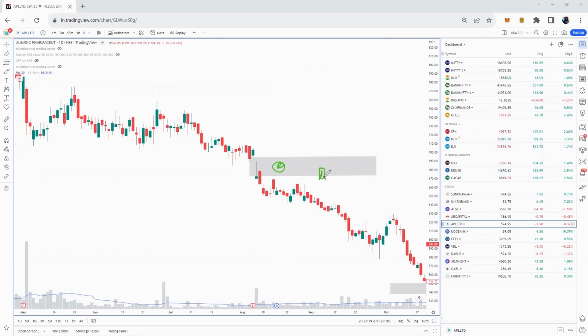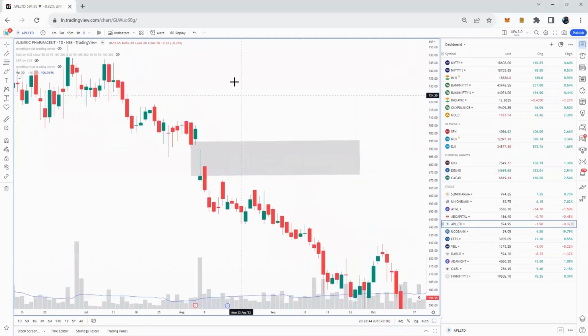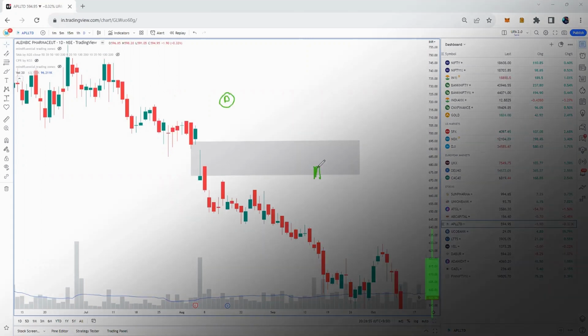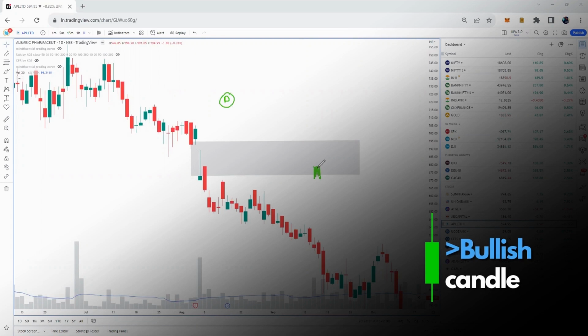If any bull candle comes and closes around this area, then it is called gap filling. That means bulls are trying to fill the gap so that they can break this level and then go upside. So whenever any bull candle comes, it is not about just touching; you need to have a body in the daily time frame that is a bullish candle, which must close in this area.